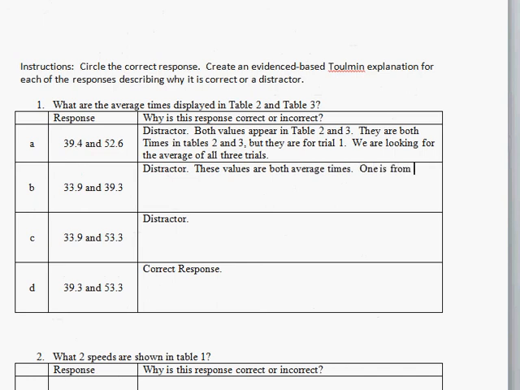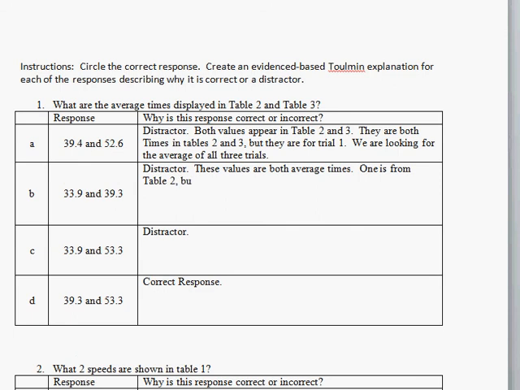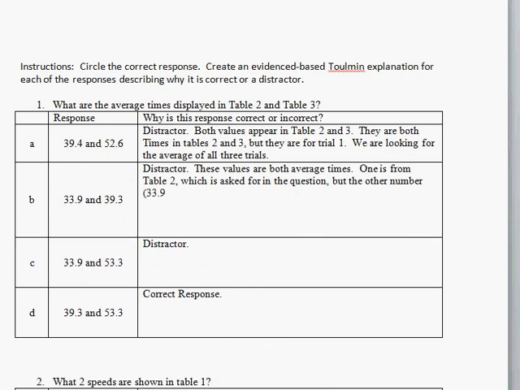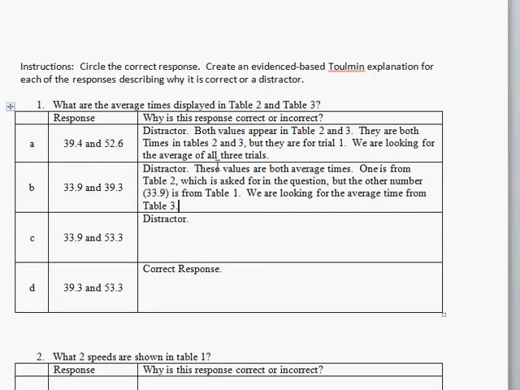One is from Table 2, which is asked for in the question, but the other number, specifically 33.9, is from Table 1. We are looking for the average time from Table 3, right? So if I wasn't paying close attention, I might pick the average times for 1 and 2 when I was really supposed to be getting 2 and 3 from this question.